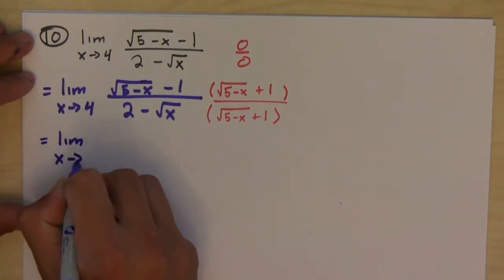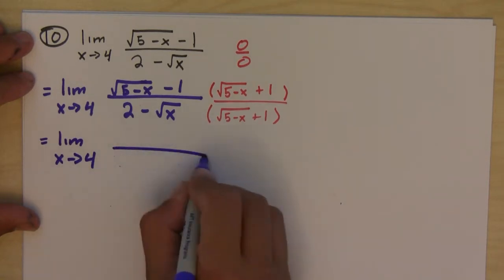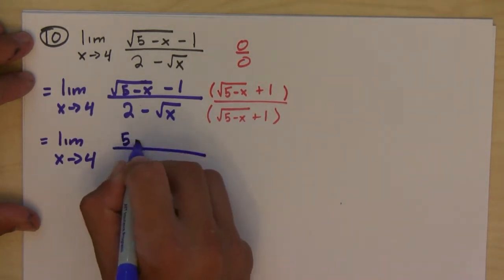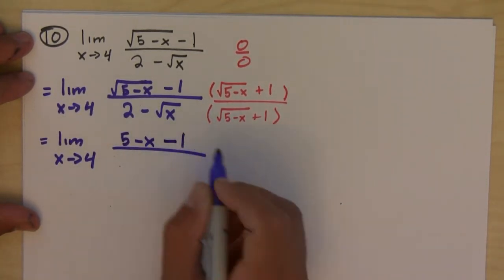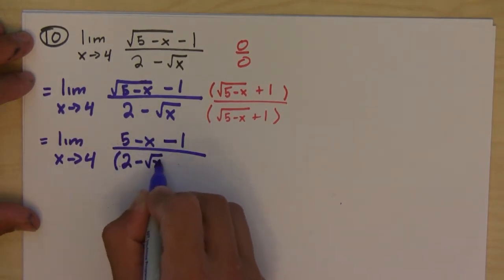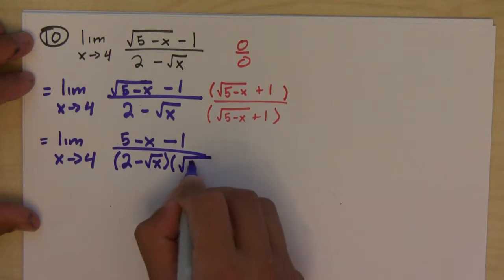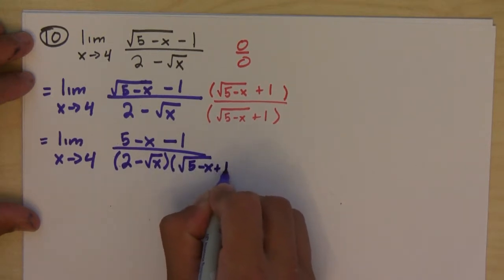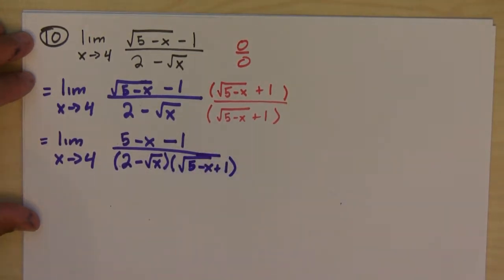So what I would get then is on the numerator I would get 5 minus x minus 1, and in the denominator I'm going to get 2 minus square root of x times square root of 5 minus x plus 1.